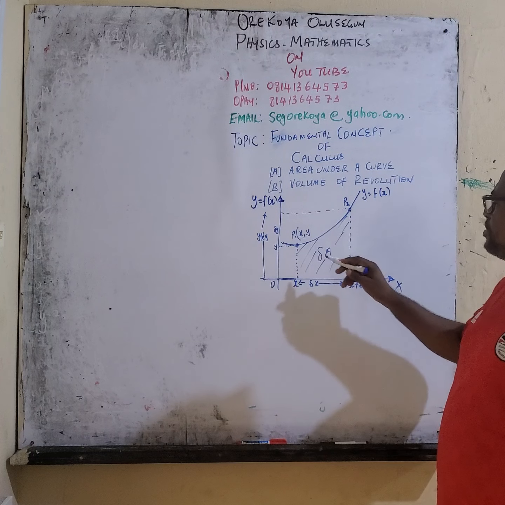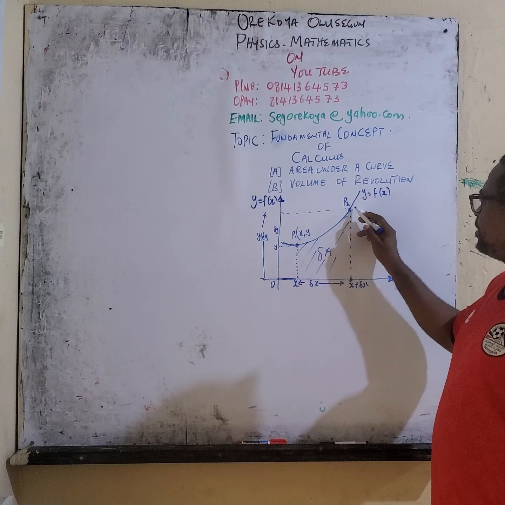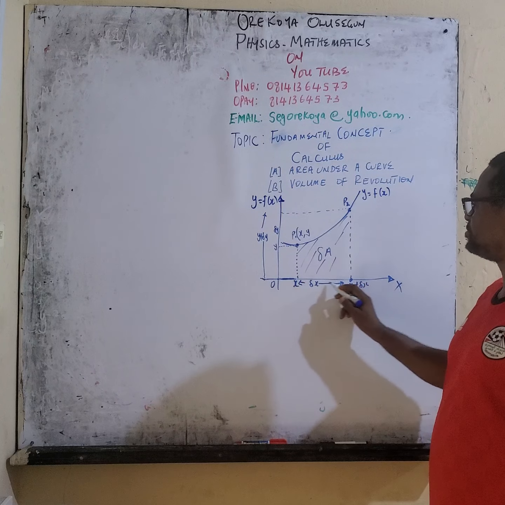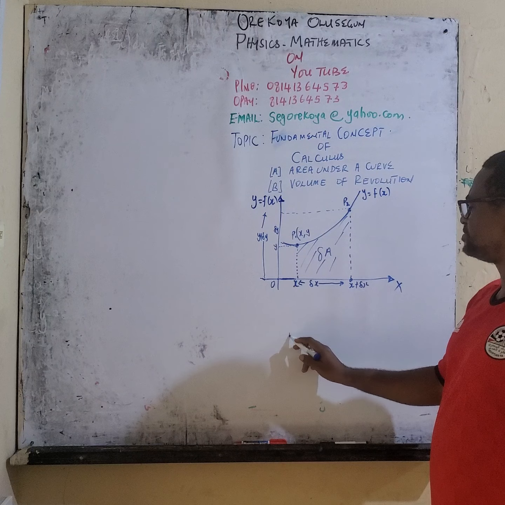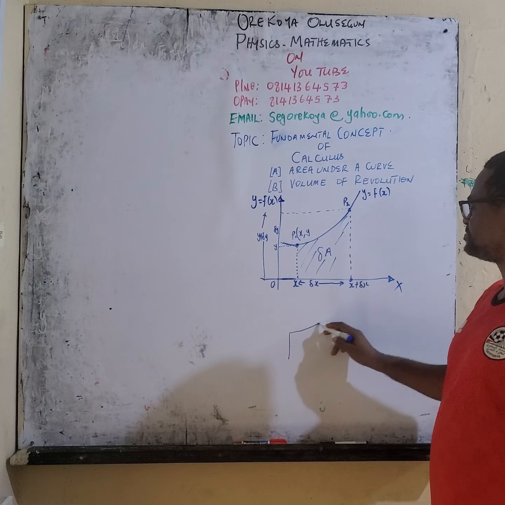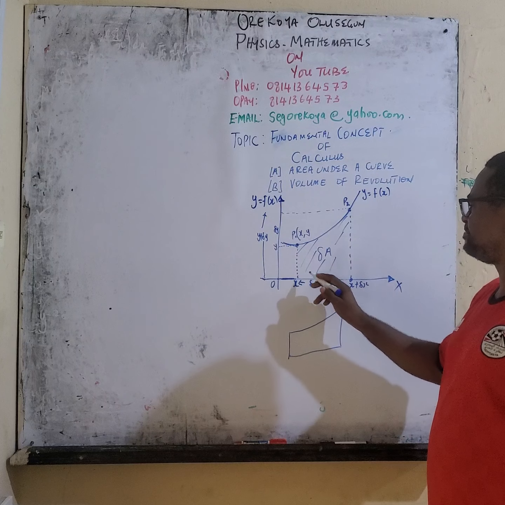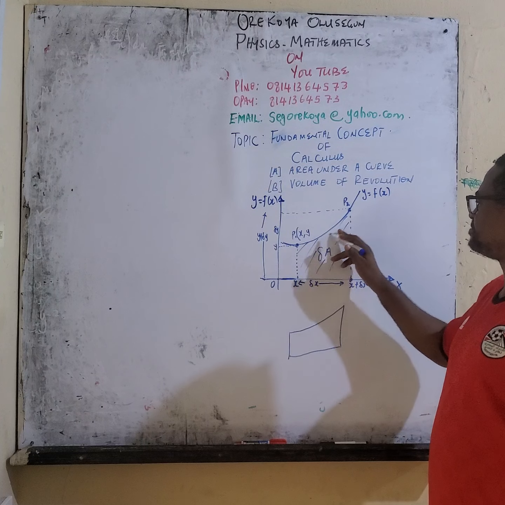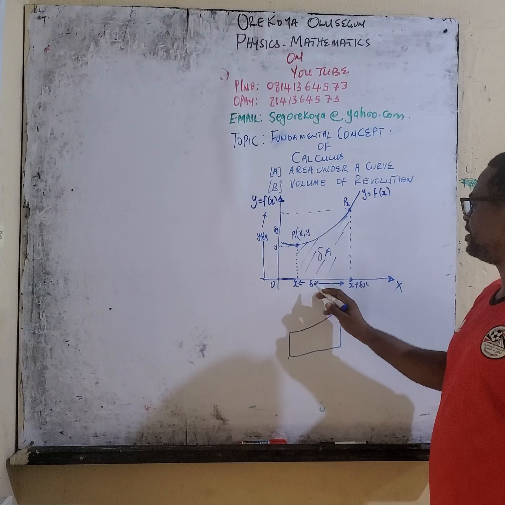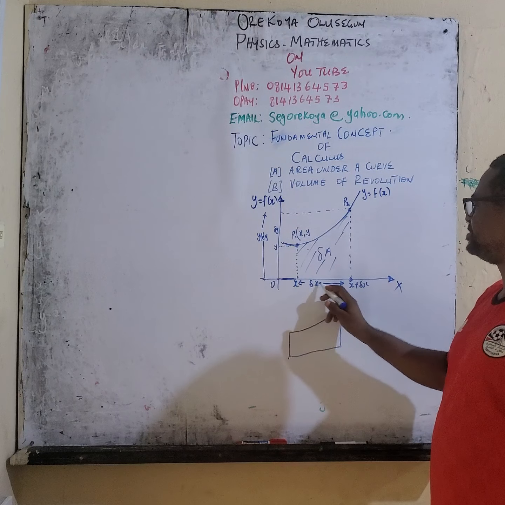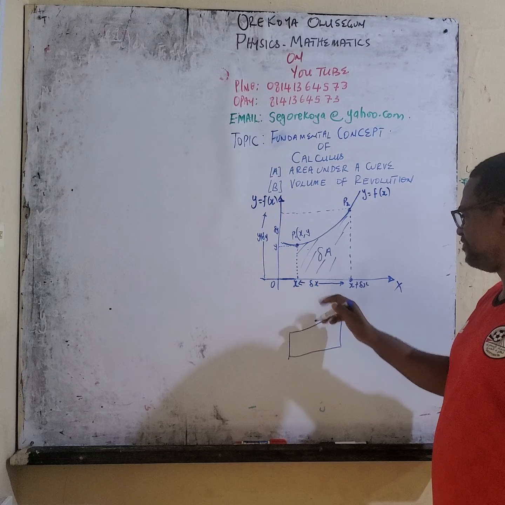Now, if you look very well concerning this shape, I want to bring it out. This particular shape here, I want to bring it out. I will have something that looks like this. And the base for this particular area under the curve, the base of that shape is very obvious.